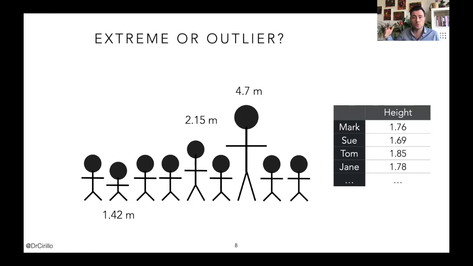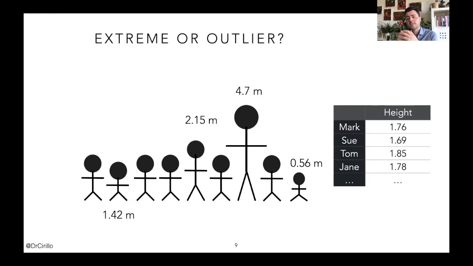So there is a sort of upper bound to the height that a human being can reach. But in any case, according to both medicine and biology, 4.7 is not a value we can expect. So we can say that this is actually an outlier because it lies outside of the range of variation of human height.